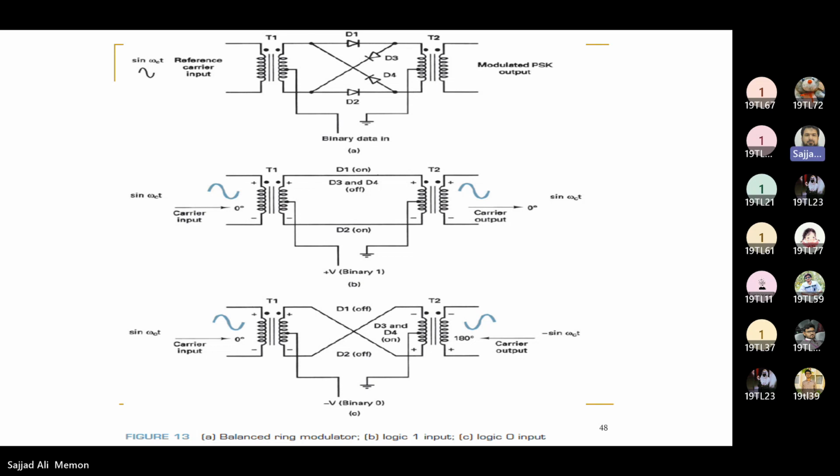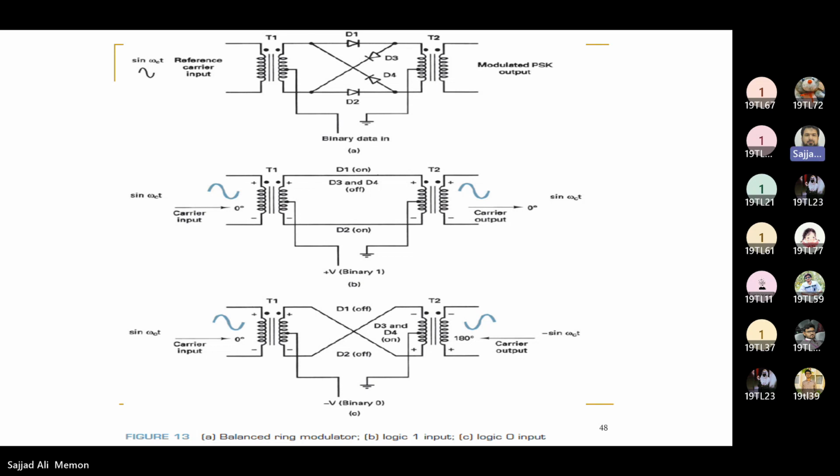And when the input is logic 1, D1 and D2 diodes will be forward biased. And the input voltage should be greater than the operating voltage of D1 and D2, or simply the diodes, so that they can be forward biased.